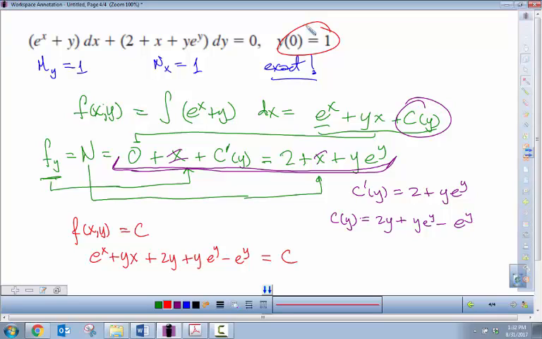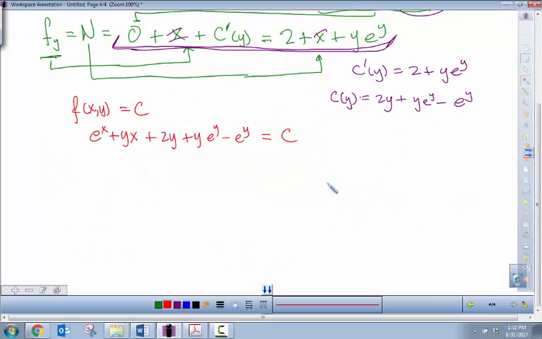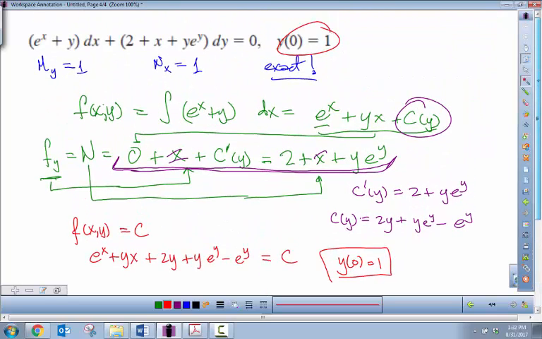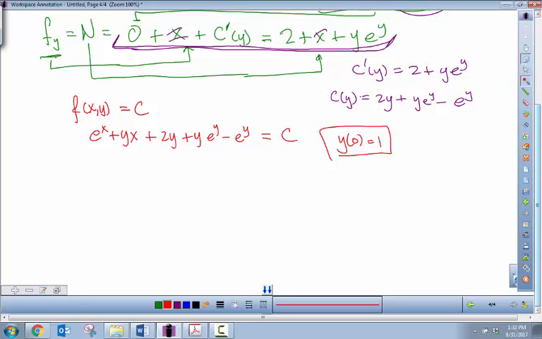Again, solving for y is not the ideal thing to do here, so we're going to want to just keep it as an implicit solution. All right, now that we have our initial condition, let's go back to solving for our unknown c, the arbitrary constant. And we can read this, right?